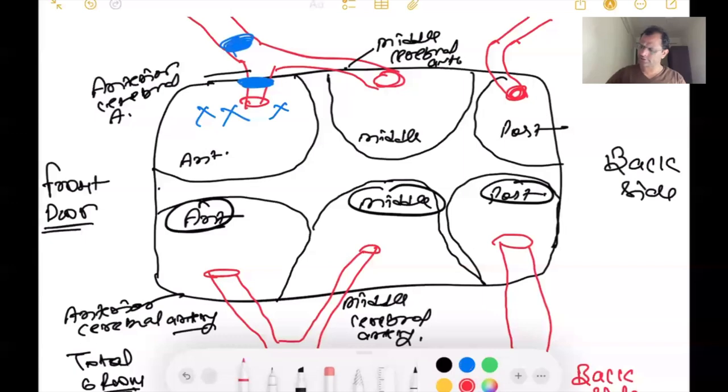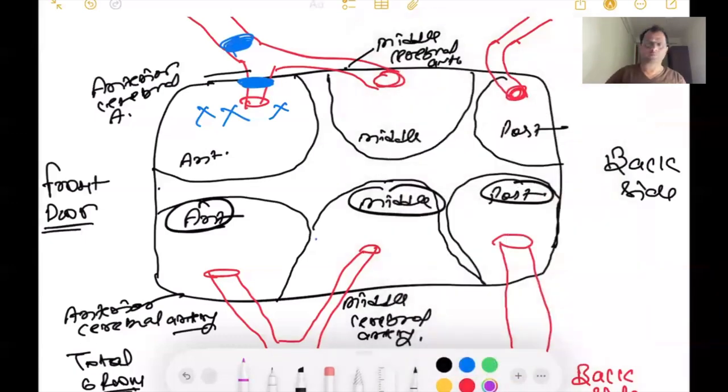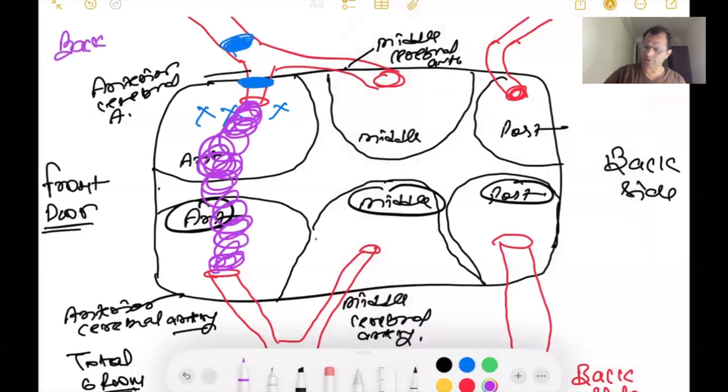If you are not getting the supply here, so we'll take the water from here. So now we are connecting both. Sometimes the right side's poor blood supply will be taken from the left. Sometimes the left side's poor blood supply will be taken from the right. This is called the backup system of the brain. So there is one artery connecting both anterior cerebral arteries.